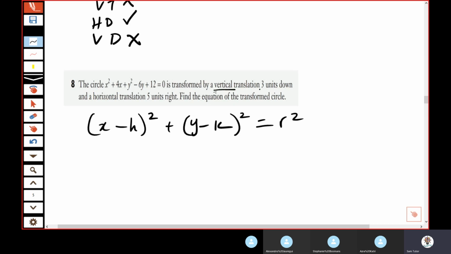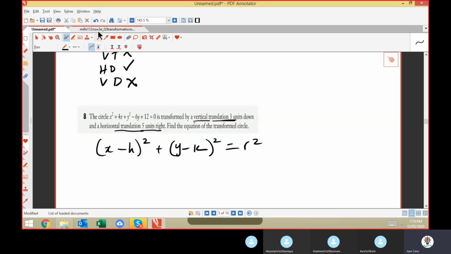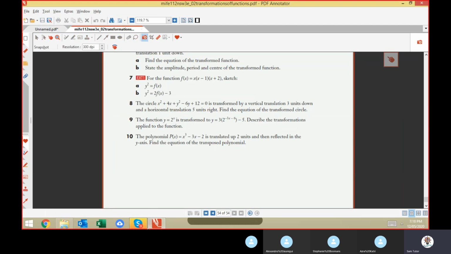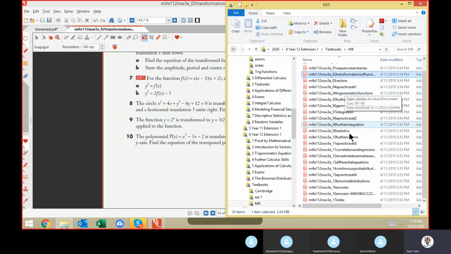But if you feel like you know how to complete the square, then go ahead and try to do that. Transform by a vertical translation of 3 units down and a horizontal translation of 5 units right. Find the equation of the transformed circle. Just make sure you don't get that one wrong.